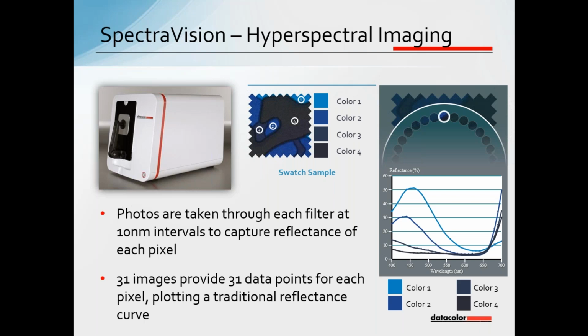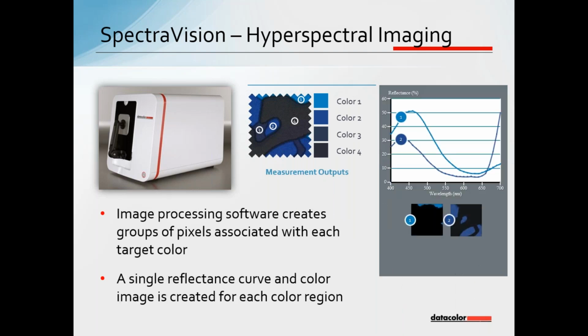We don't need that many reflectance curves, so the next step of that process is using the software to actually isolate similar pixels within the image to produce a final reflectance curve for each of the distinct colors in the image. So as the example of this print, there are 4 distinct colors, so the SpectraVision system is going to produce 4 distinct reflectance curves.